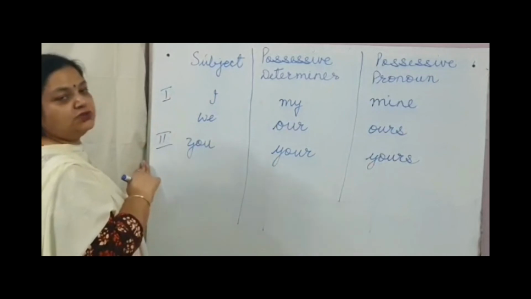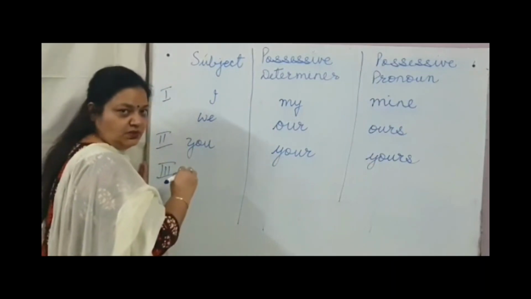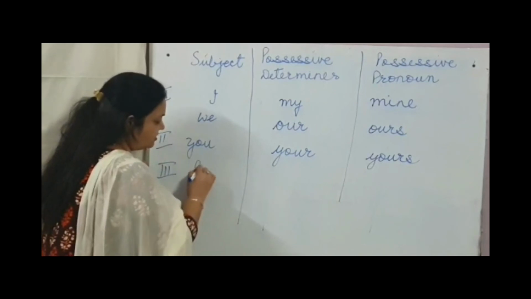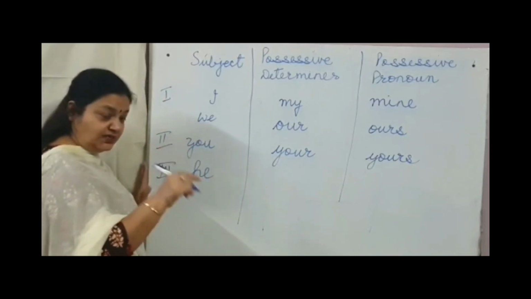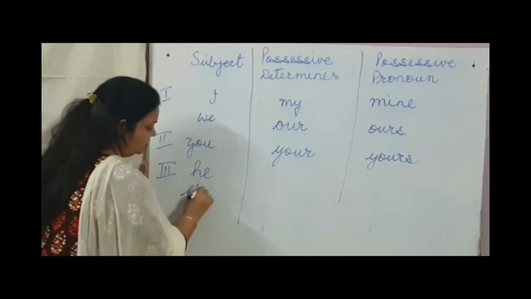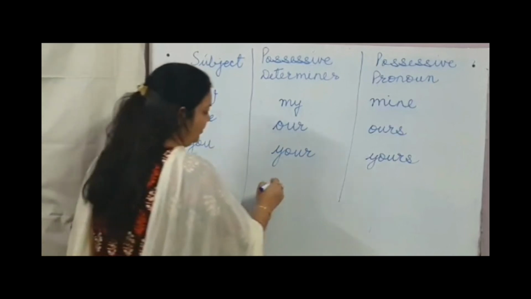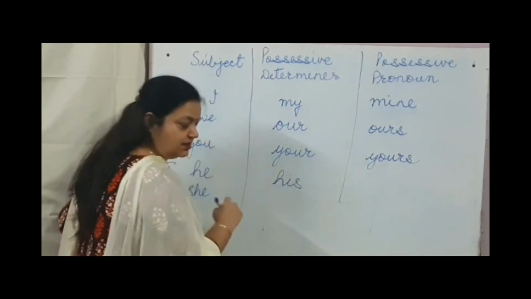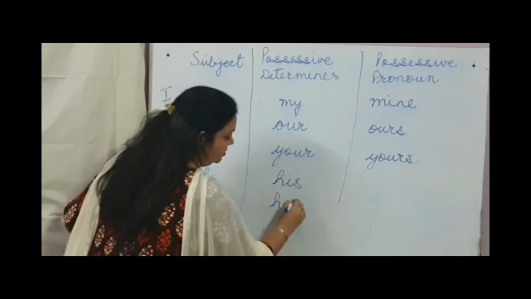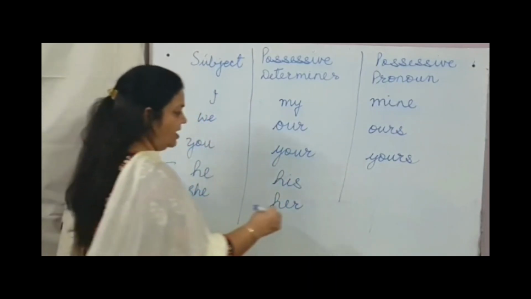Now let us come to third person. Third person we use for masculine singular he and feminine singular she. For this it becomes his and her as the determiner.